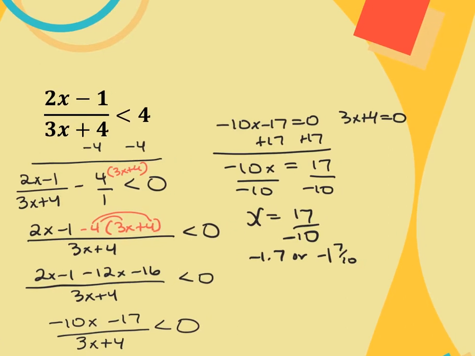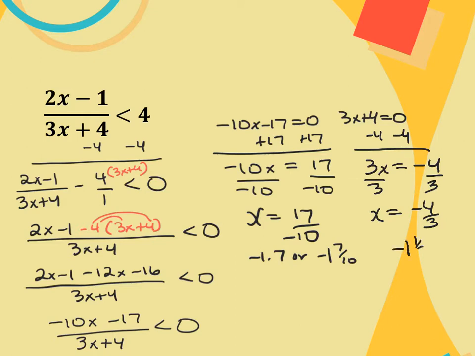And then over here, subtract the 4, divide by 3, x equals -4/3. Again, for WebAssign, we would make this -1 1/3, or -1.3 repeating, because we need to know where to place the parenthesis here.